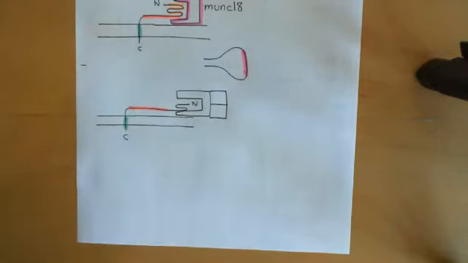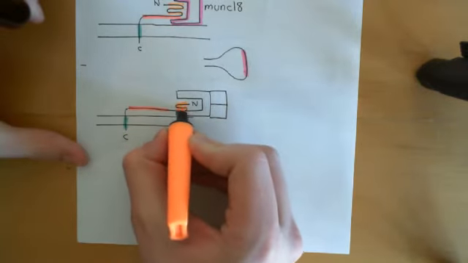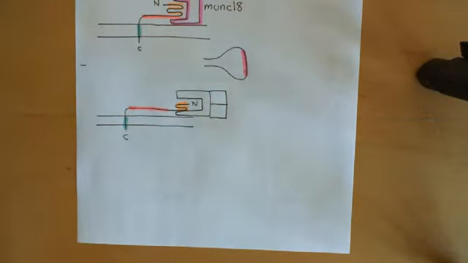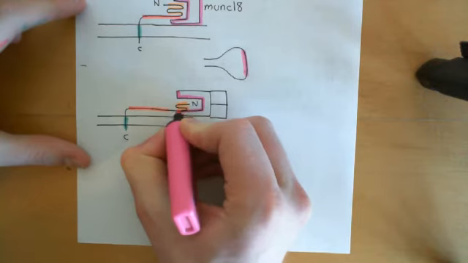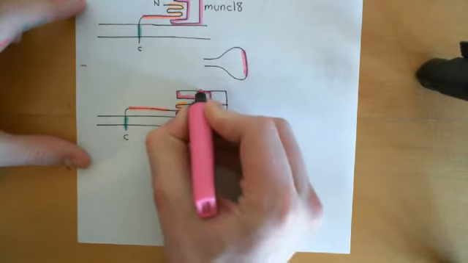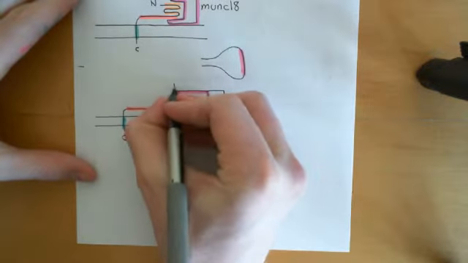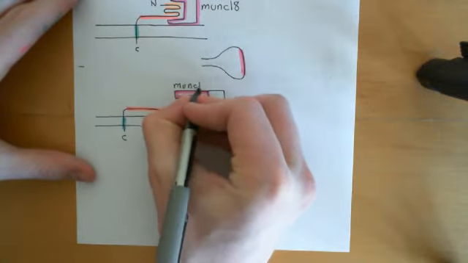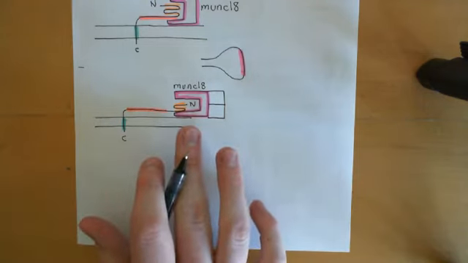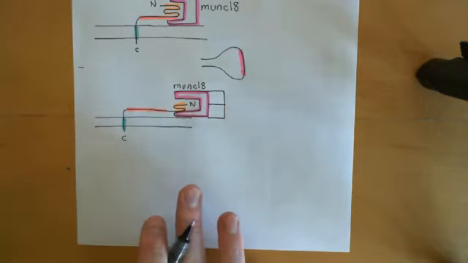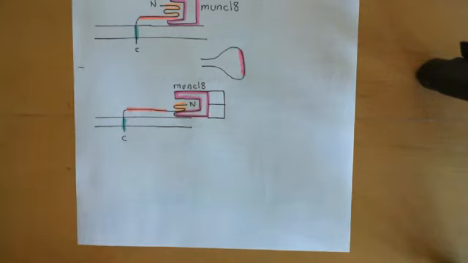Here is the QA snare motif of syntaxin 1. Here in orange is the HABC domain of syntaxin 1. And then here in vivid purple, this is MUNC18. And now the MUNC18 is bound to the syntaxin 1 in the open conformation, a conformation that is able to form snare complexes.